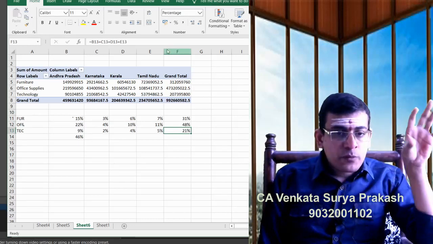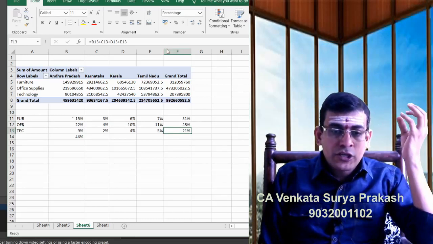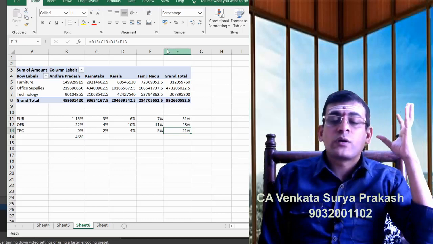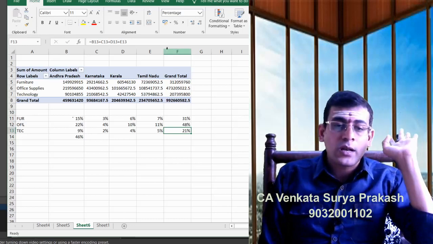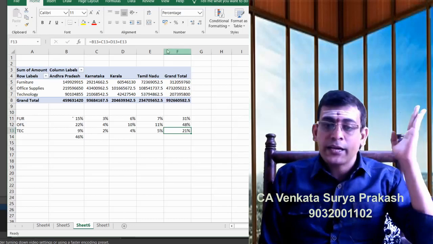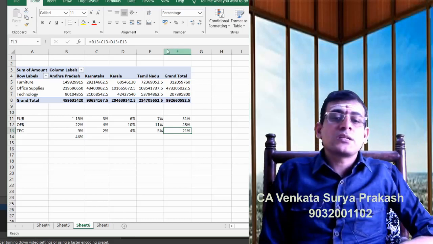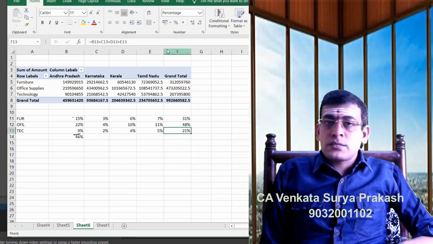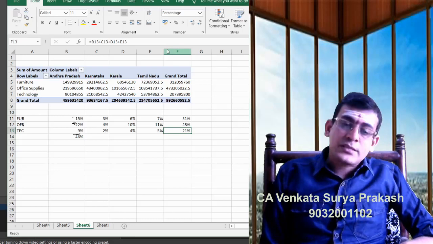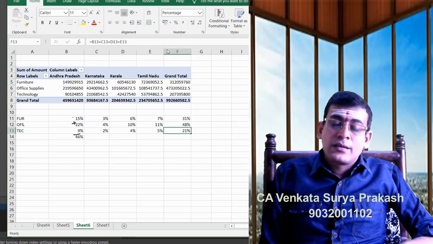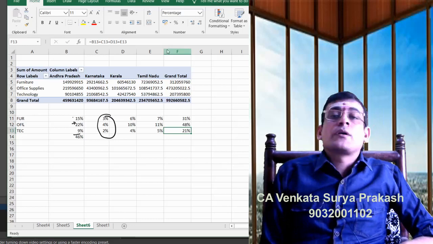Now even the management can drill down in the furniture business to see which sub-product is doing well, which sub-product is not doing well. Based upon this, the management can take a decision. The management can see that technological business in AP is increasing, furniture business in AP is increasing, and none of the segments in Karnataka are doing well.